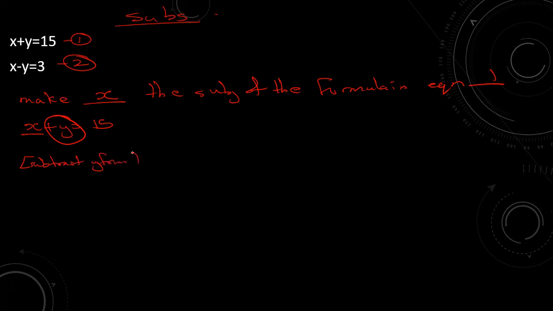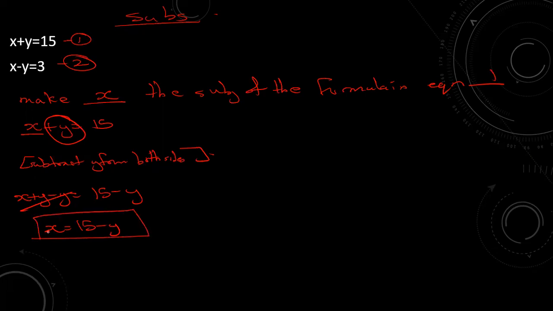So x plus y minus y equals 15 minus y. The x plus y minus y cancels out, so we have x equals 15 minus y. You can write this as equation 3 if you want.